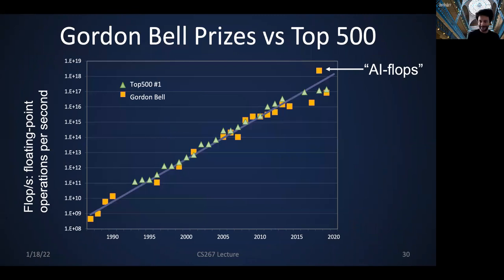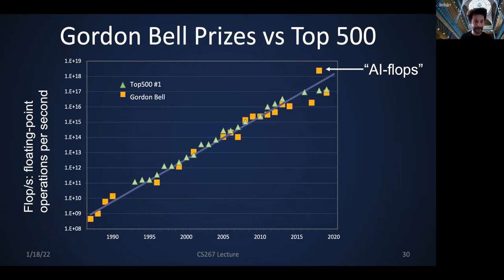Kathy Yellick did this plot, which compares the performance of the Golden Bell winners to the top 500 fastest machines. On the y-axis, you see the flops, floating point operations per second. Surprisingly, maybe counterintuitively, the trend is holding.